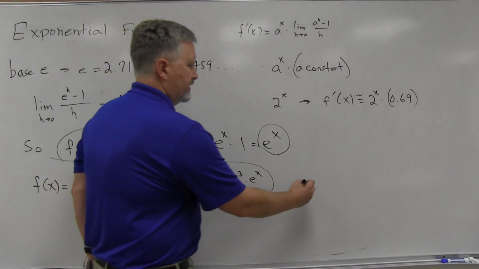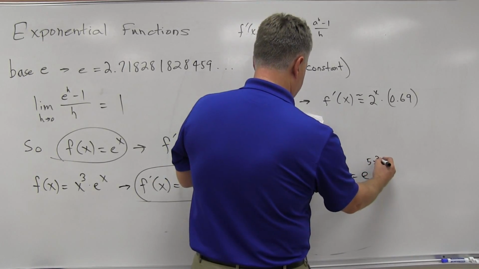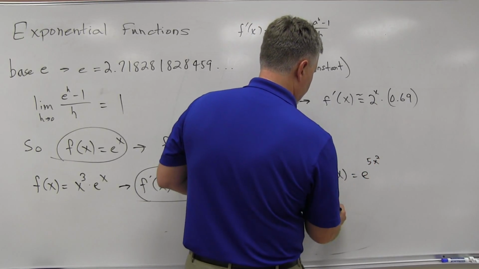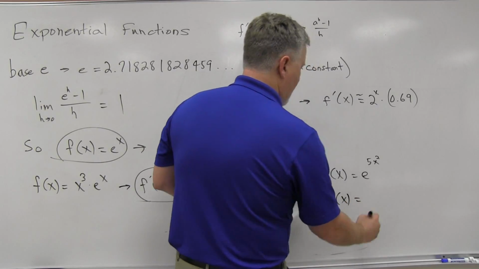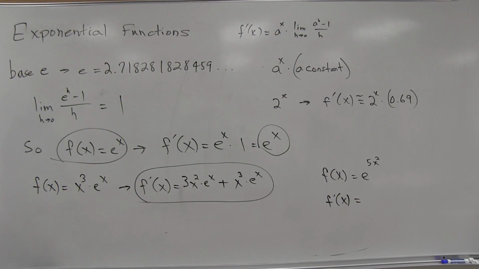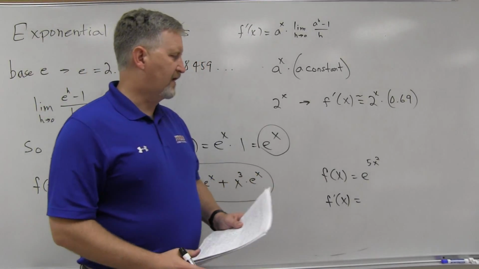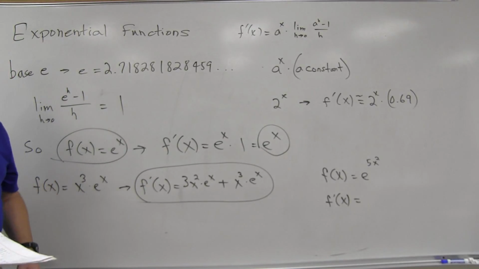What about f of x equals e to the 5x squared? What if we don't have the power being x? In this case, it's 5x squared.